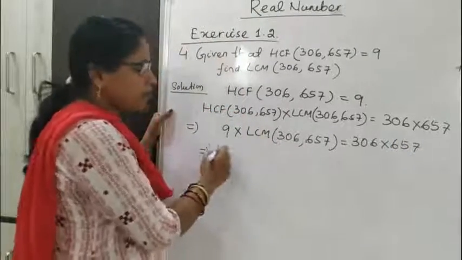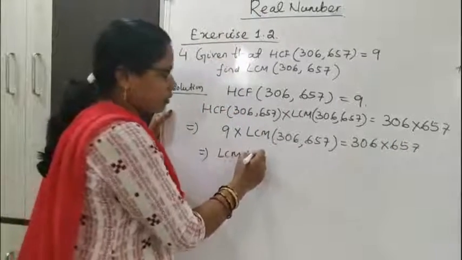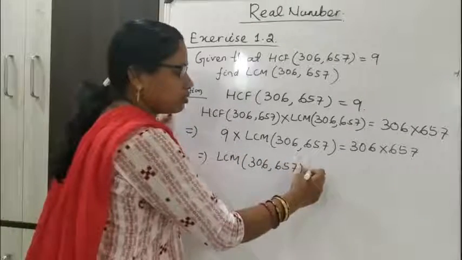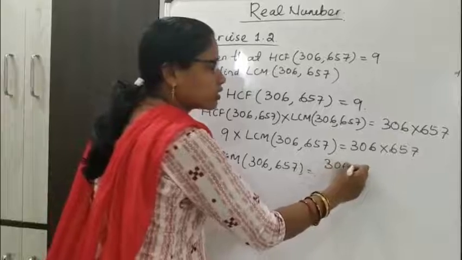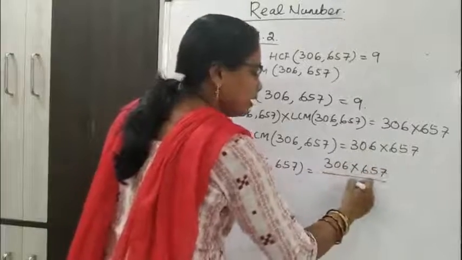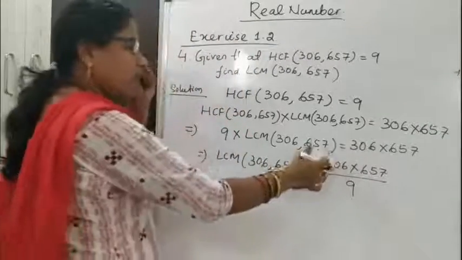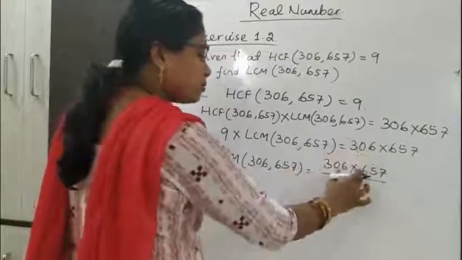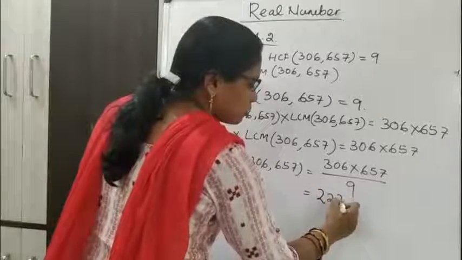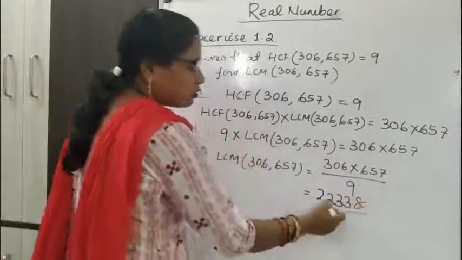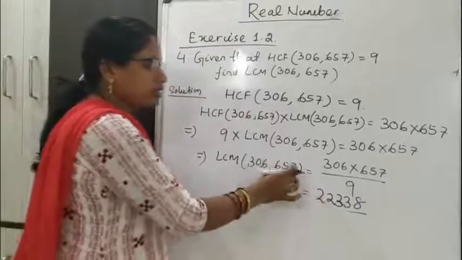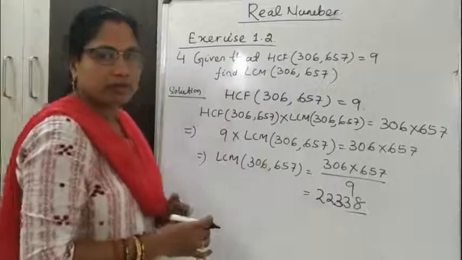So the LCM of 306 and 657 is equal to 306 into 657 divided by 9. If we find the product and divide it by 9, you will get the answer 22,338. So this is the LCM of 306 and 657.